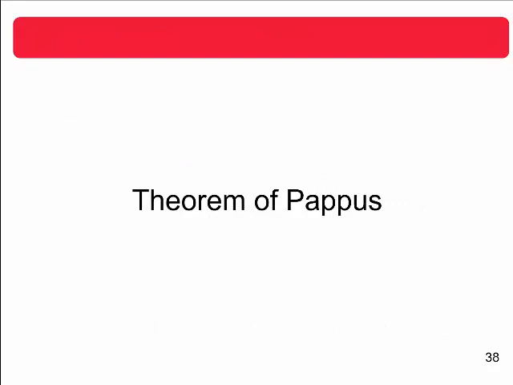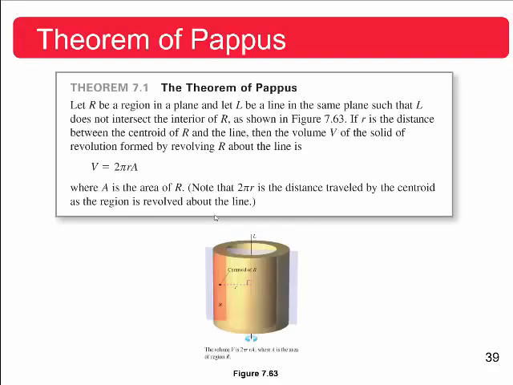All right, let's end by talking about the theorem of Pappus. The theorem of Pappus helps us find the volume of a solid of revolution. Let R be a region in a plane, and let L be a line in the same plane such that L does not intersect the interior of R. This is going to be kind of like a donut shape, as shown in this figure below.